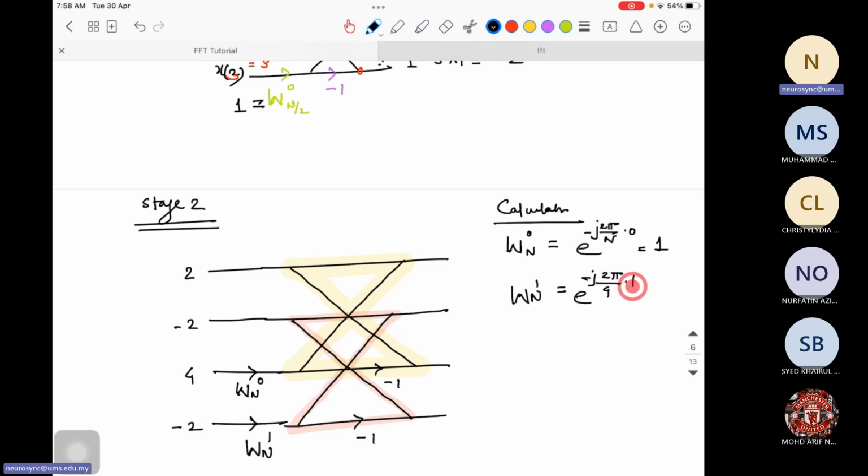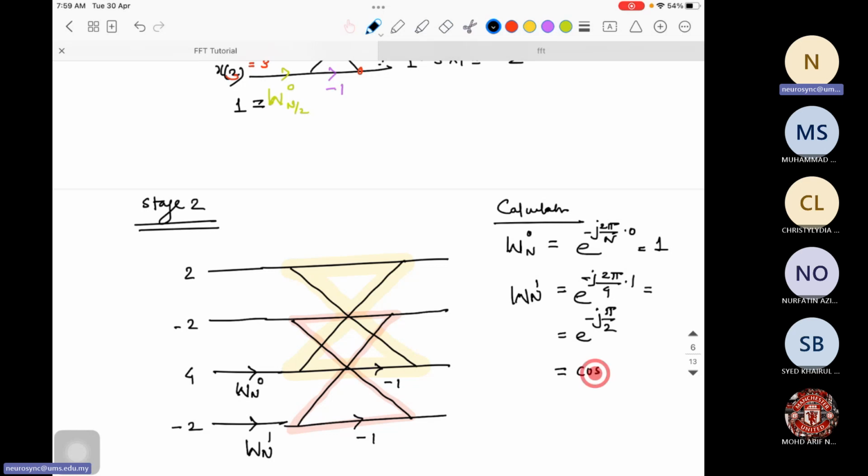Now Wn of 1, can you give me the value? N is 4 here, k equal to 1. So this is e to the power minus j pi by 2. How much is it? Is it minus 1?